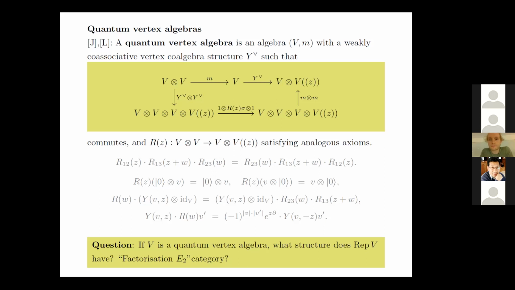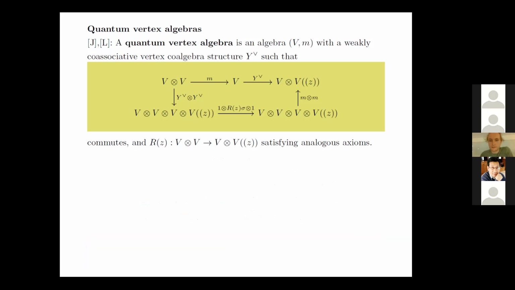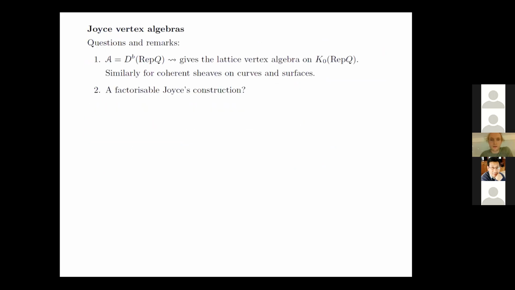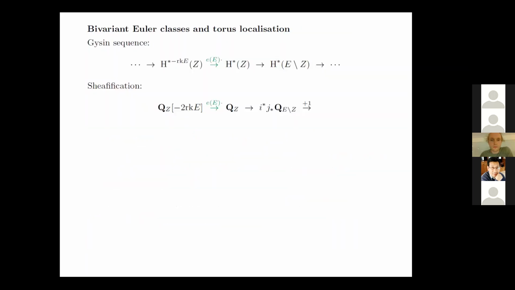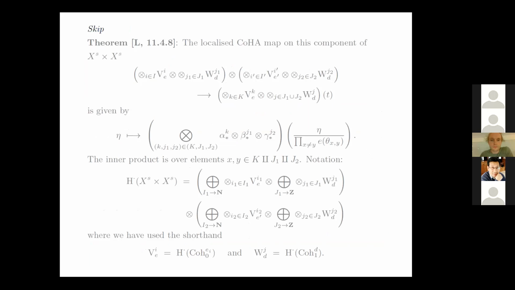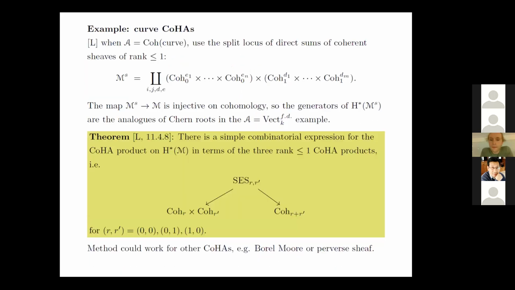But Alyosha, I have a different question. I'm looking through your slides, and actually I looked at your paper. You have some answer for the CoHA of a curve, which I believe is the category of coherent sheaves on the curve. And somehow it looks like you do have some description, but it's not very explicit.